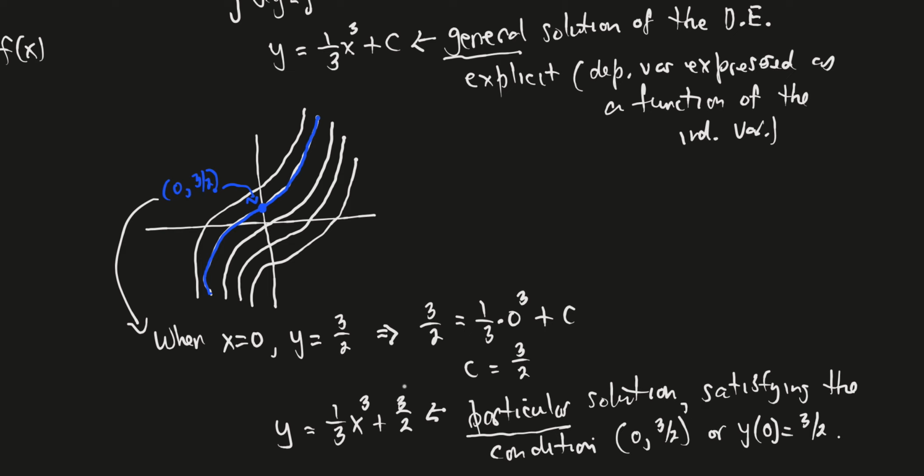In fact, there are sometimes when you specify a condition, you can't find a solution. You might not be able to find a c that would satisfy the constraints put in place by the x and the y value in your condition, right? So there are all these little things that can happen with differential equations. And as we get started on this journey, we will encounter many of them along the way, right?